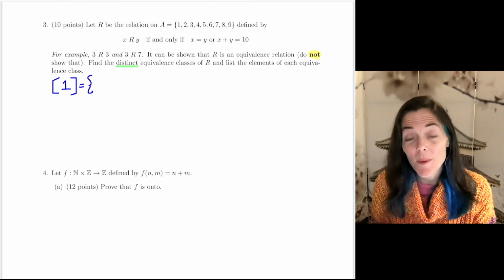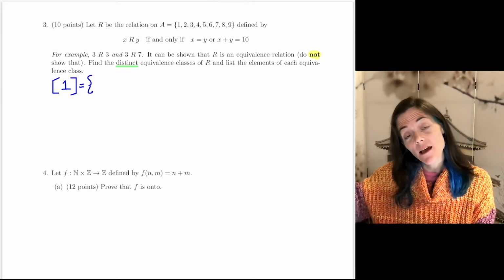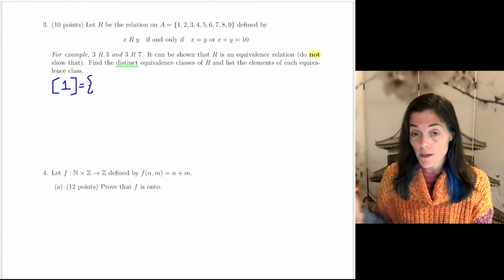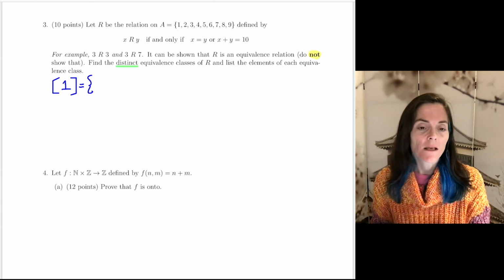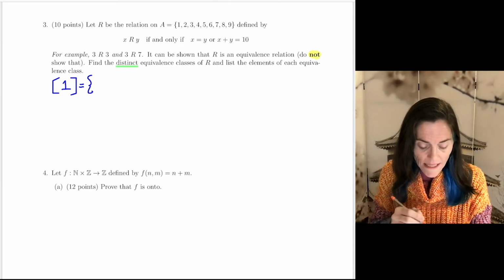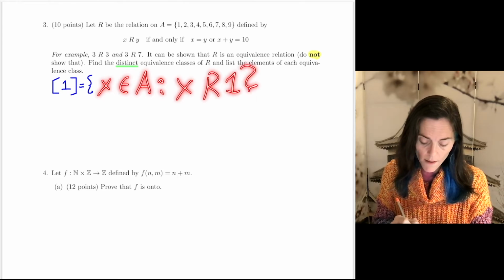This is not ordered pairs. Equivalence classes contain elements of A. In fact, one thing that we discussed is that the classes partition A into disjoint sets. So the class of 1, what this is, is all x in A such that x relates to 1.